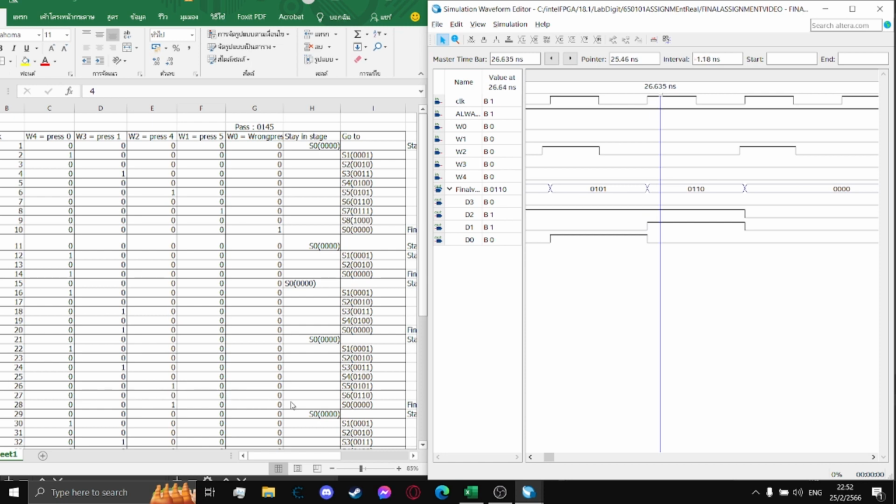In 27, when you do not press, they will go to state 6.